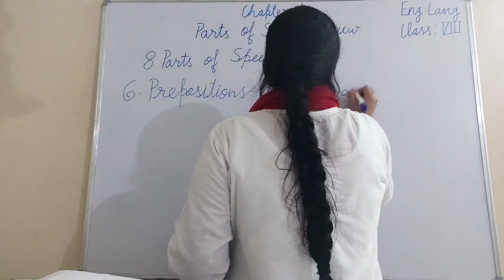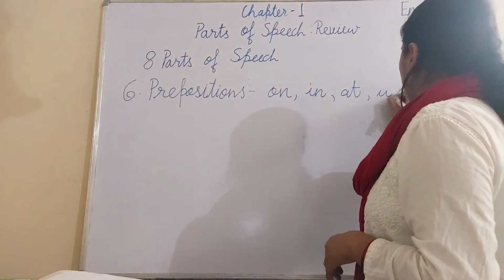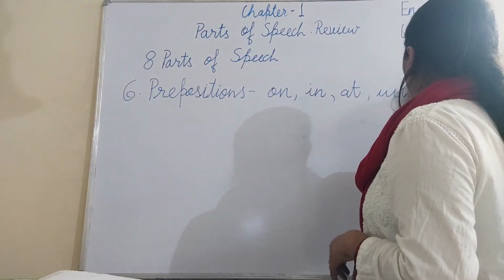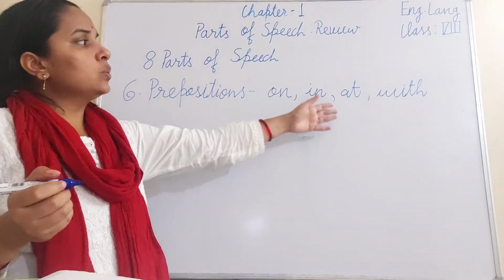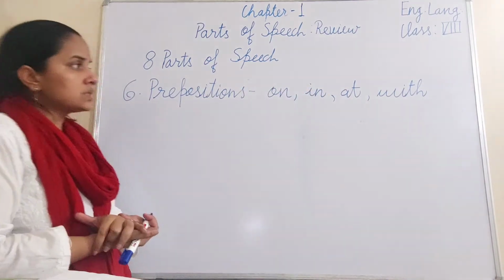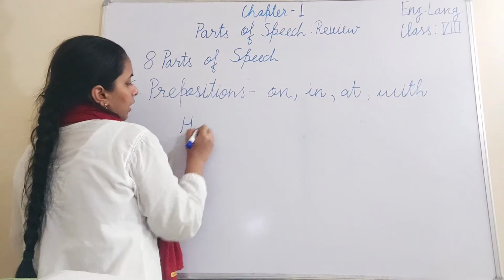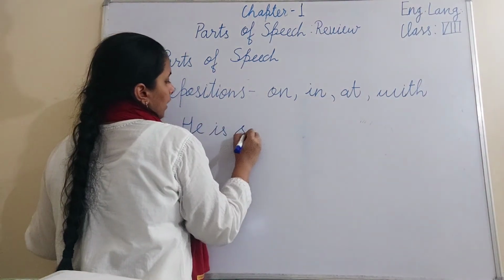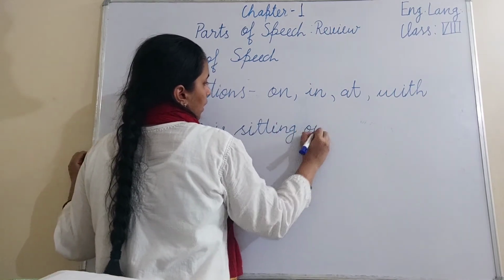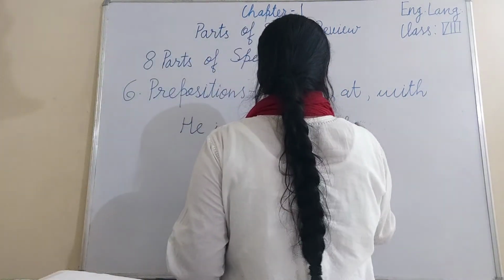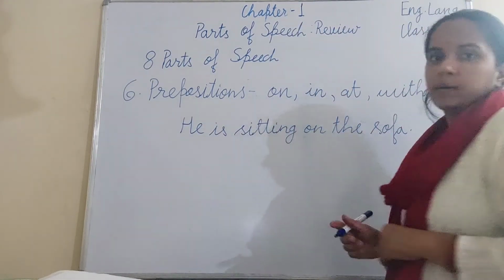For example, the words that can be used as the preposition: on, in, at, with. All these are the words which can be used as the preposition. For example, He is sitting on the sofa.